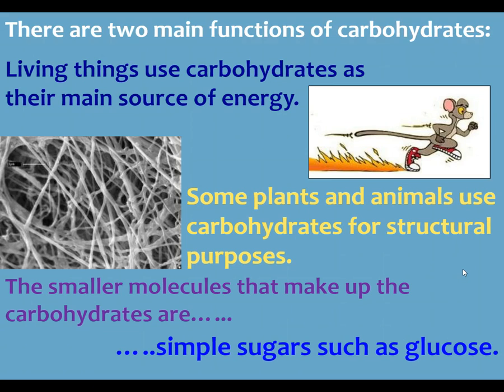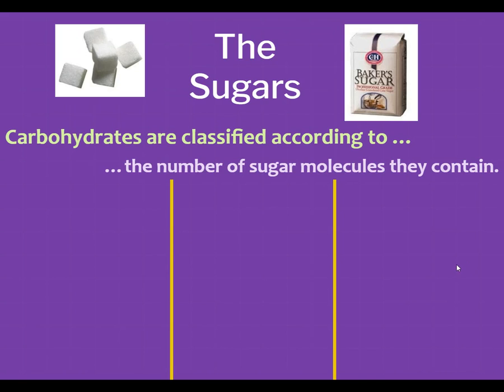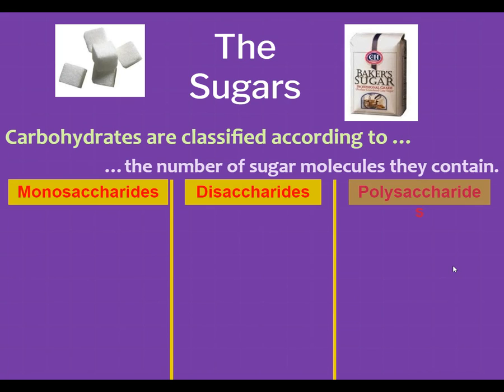Again, if you want to pause that, you can do that. Carbohydrates are classified according to the number of sugar molecules they contain. You have monosaccharides, disaccharides, and polysaccharides. Oops, the S got pushed a little bit, but that S should be at the end here. Mono means 1. Di means 2. Poly means many. Saccharide just means sugar.